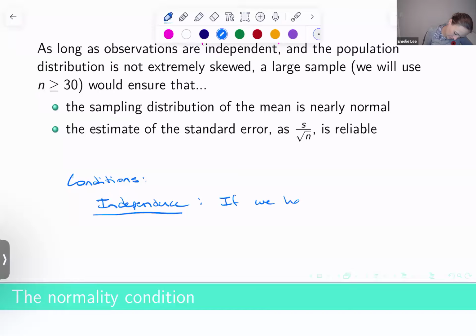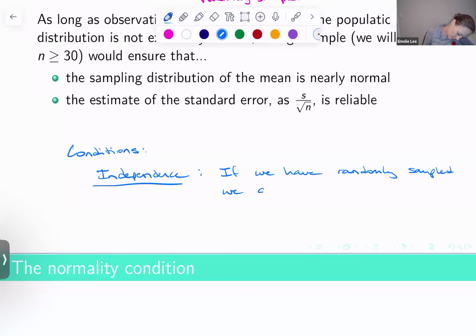If we have not, if there's no note saying it was a randomly selected sample of 56 people, for example, then what do you have to do? Then you have to say, I assume that these are independent of each other.